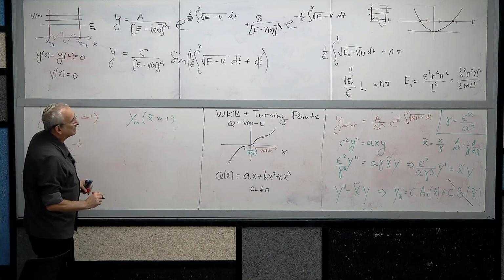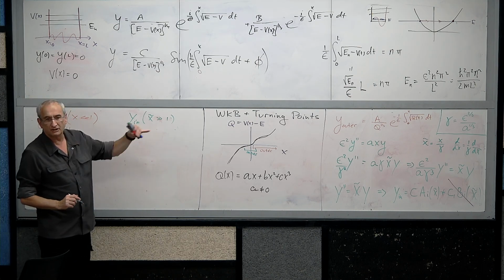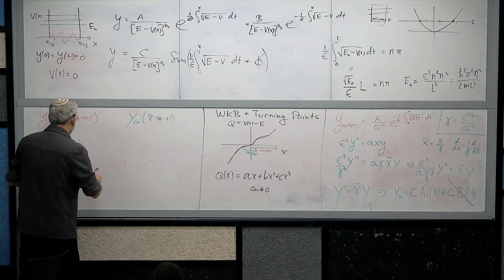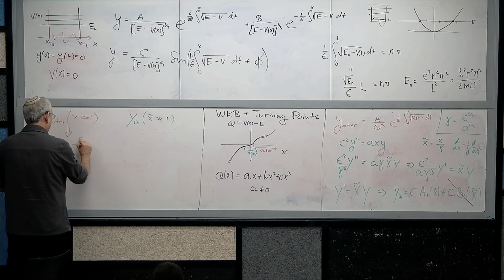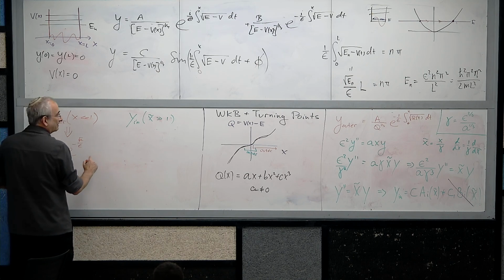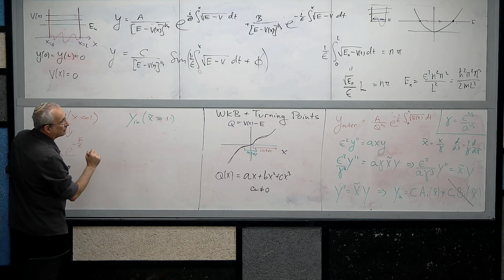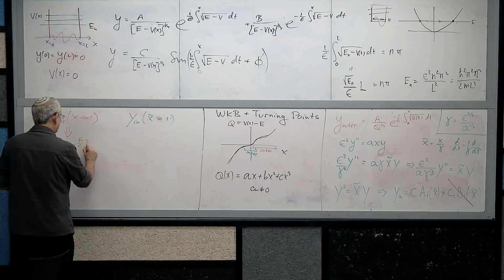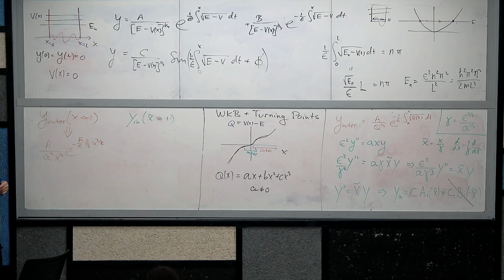And now I have to integrate over Q over square root of Q. But what is the square root of Q? It's a square root of Ax. So I have square root of A here. And I should integrate over square root of x from 0 to x, which is 2/3 x to the 3/2. You see? This is the outer solution.